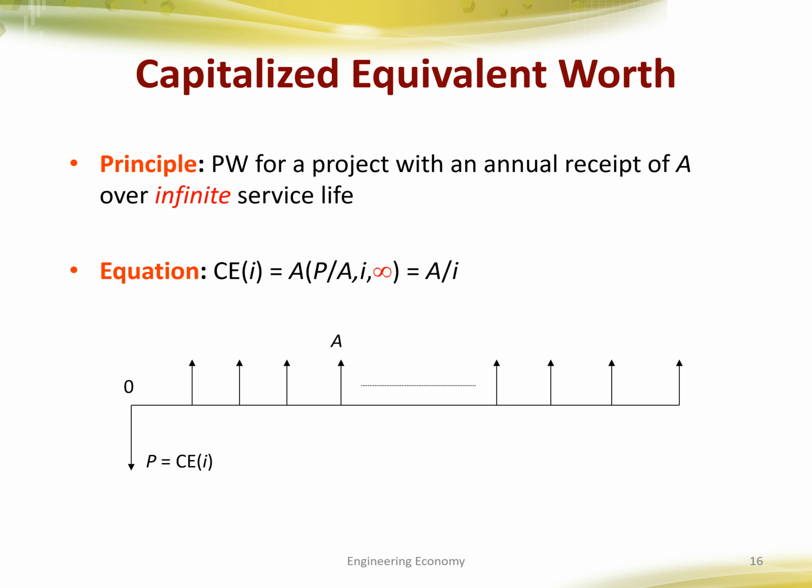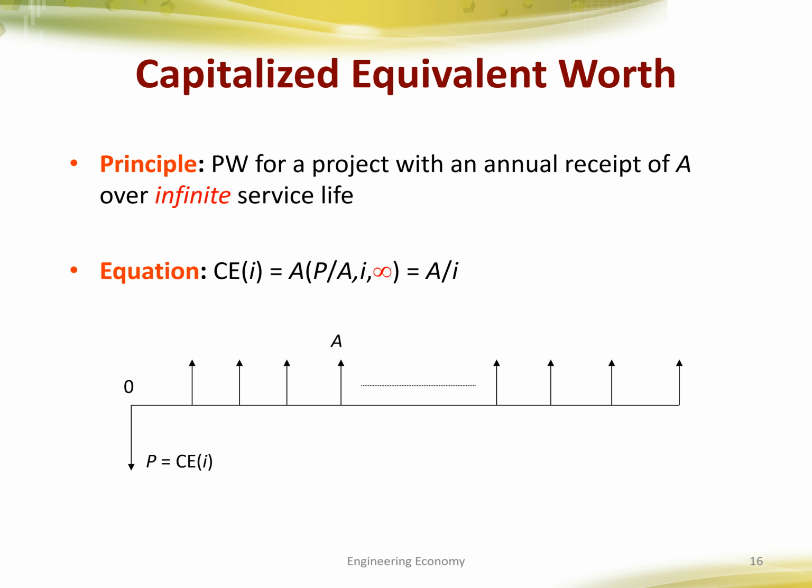That is, if the project life is very long, or sufficiently long, it's equivalent, or the result is very similar, to infinite. So suppose we have a number of equal payments which is infinitely long. How can we calculate its present worth?